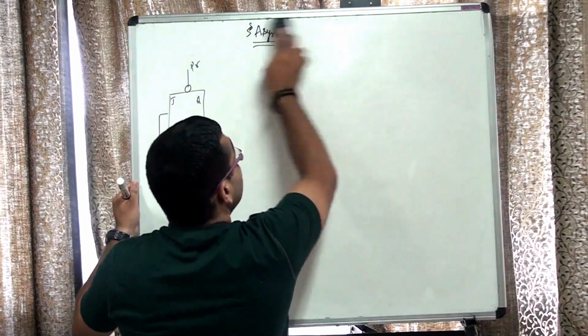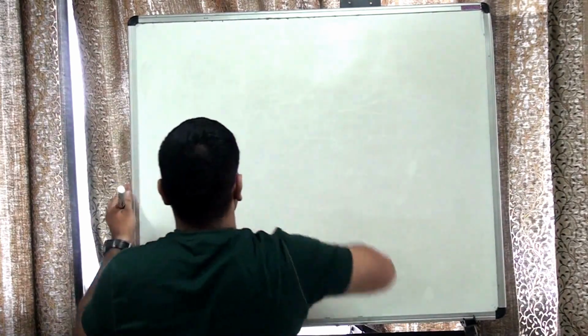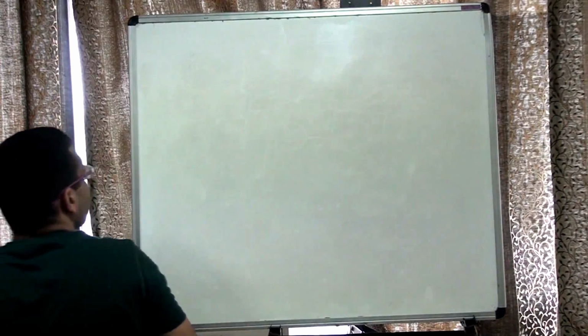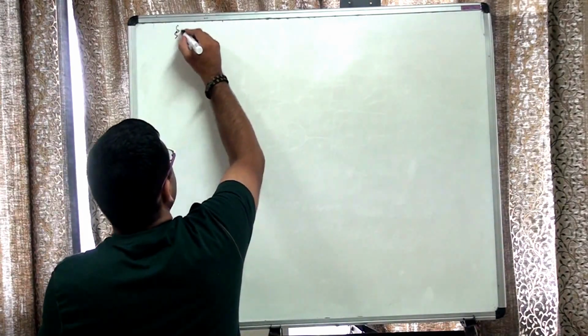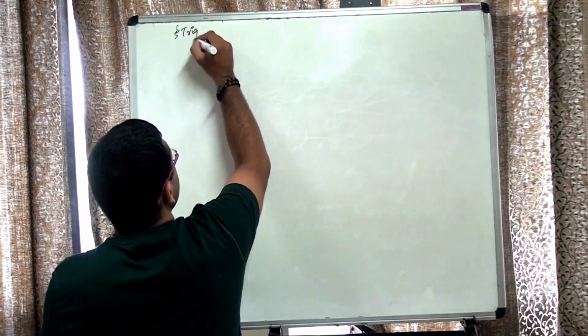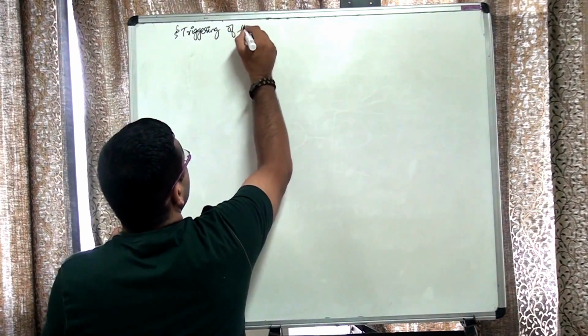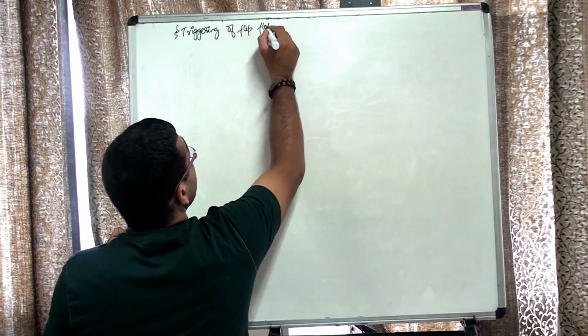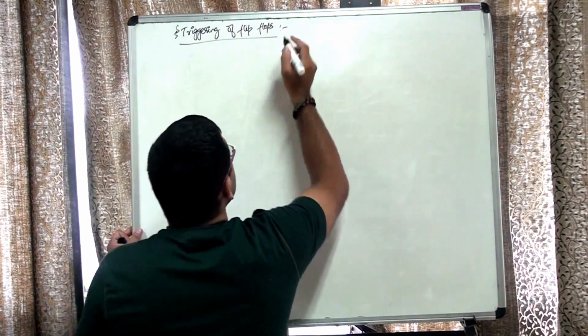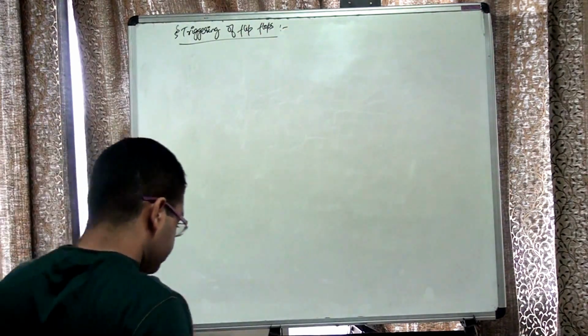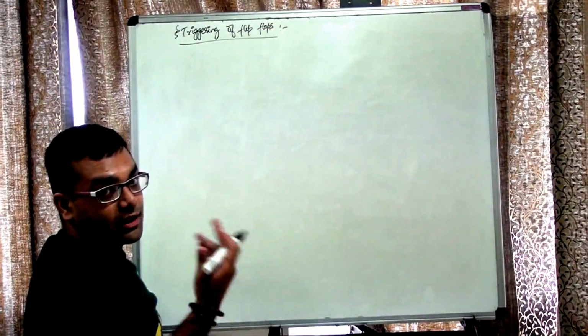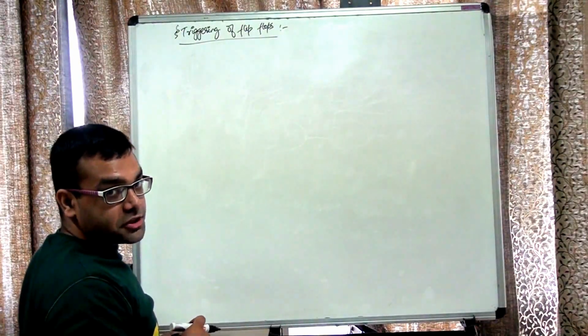So moving on further, there is another concept of flip-flops that is called the triggering of flip-flops. Triggering of a flip-flop means when my flip-flop is actually working, performing the function.